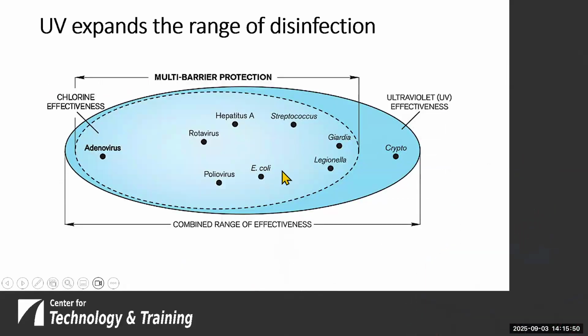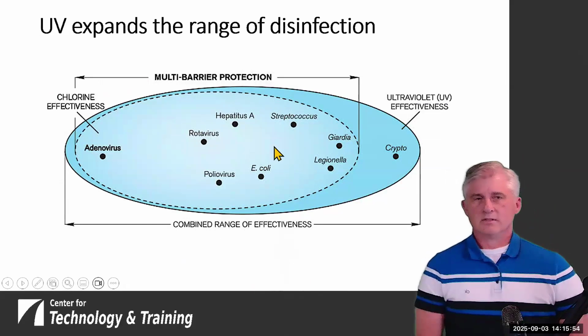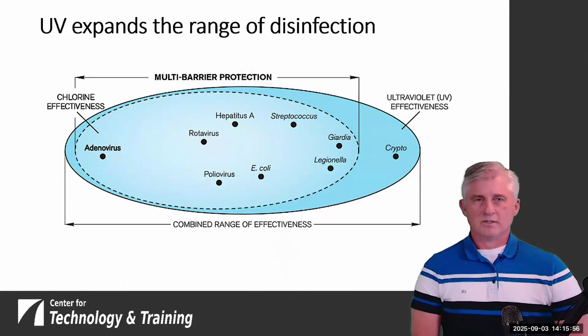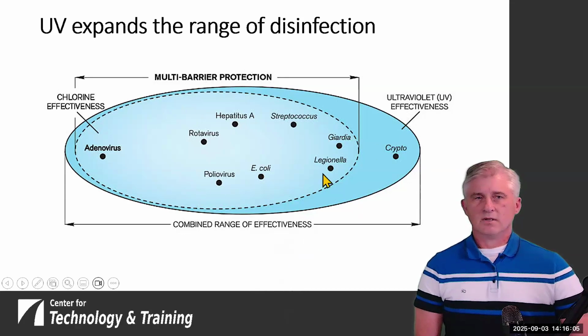So why use UV, because as I said before, we're going to use chlorine to have that chlorine residual that goes out in our distribution system regardless. So UV gives us some additional range of disinfection because chlorine will take care of most of these things. It does a pretty good job, but UV is going to get this crypto.